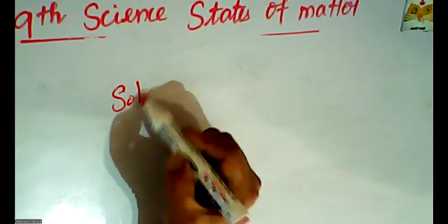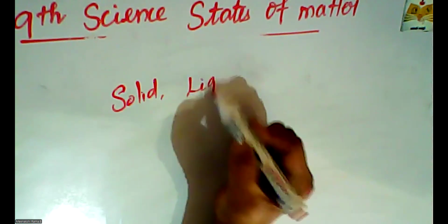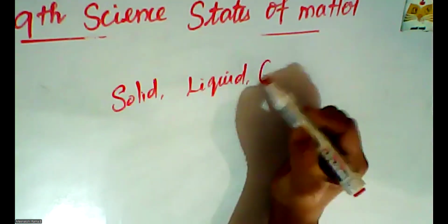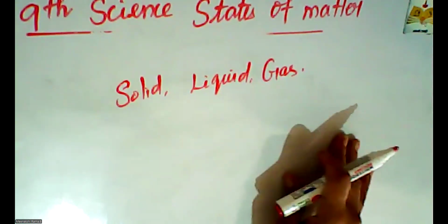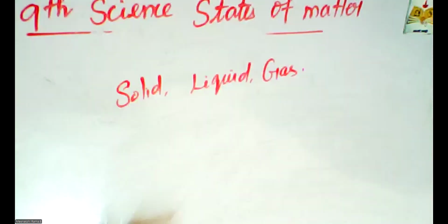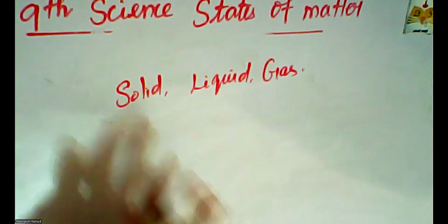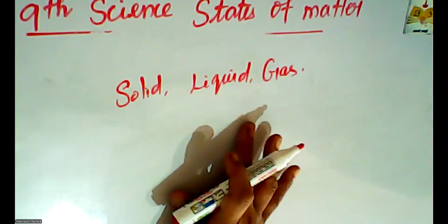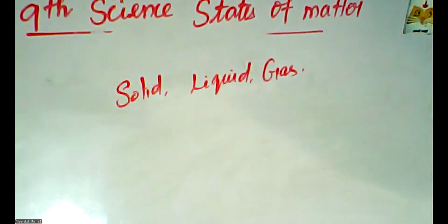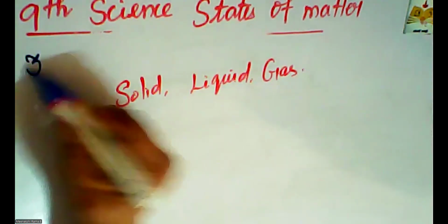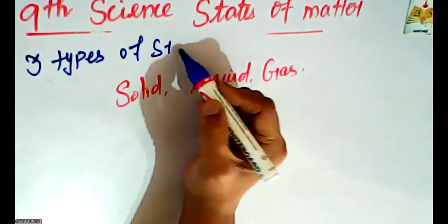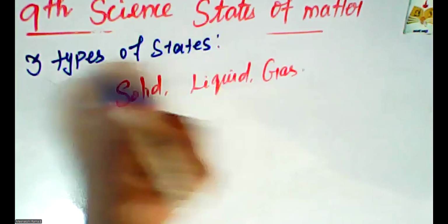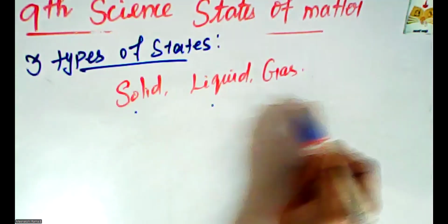We can segregate the states into three types: solid, liquid and gas.